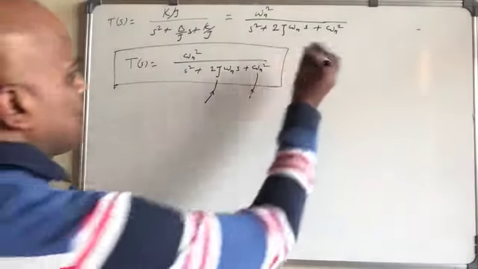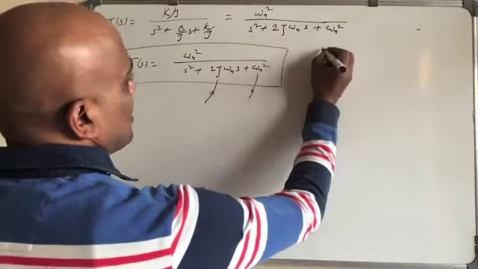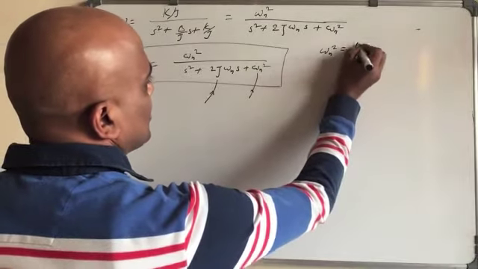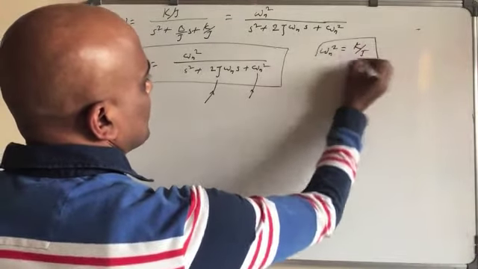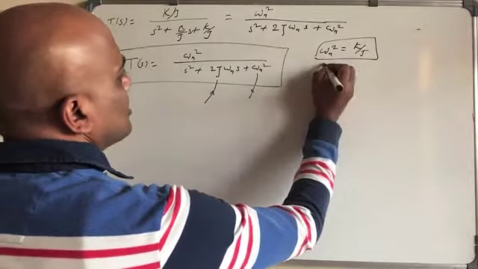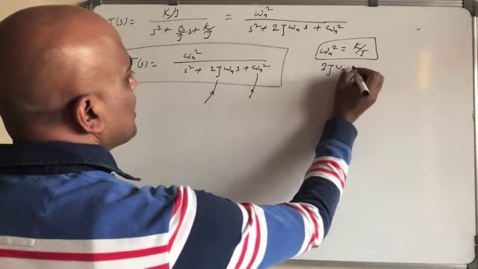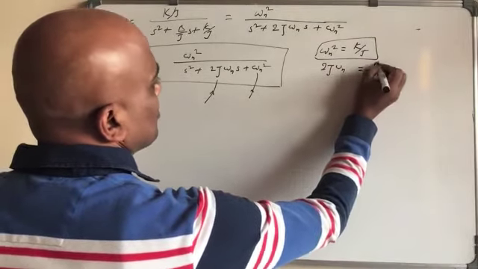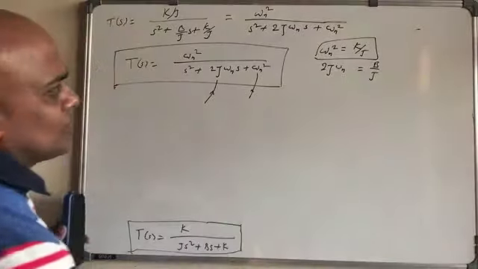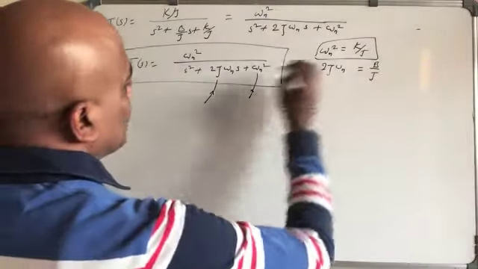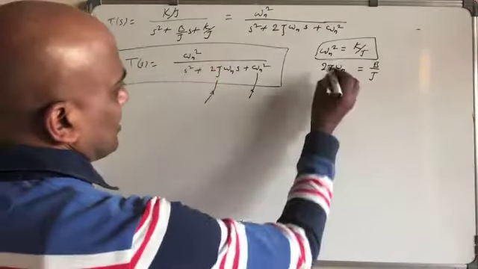So here we can write omega n square equal to k over J, and 2 zeta omega n is equal to b over J, right?